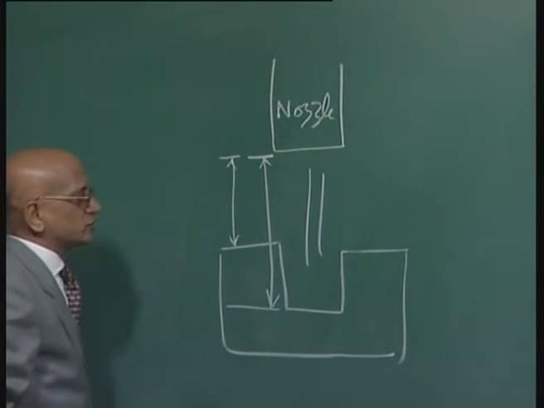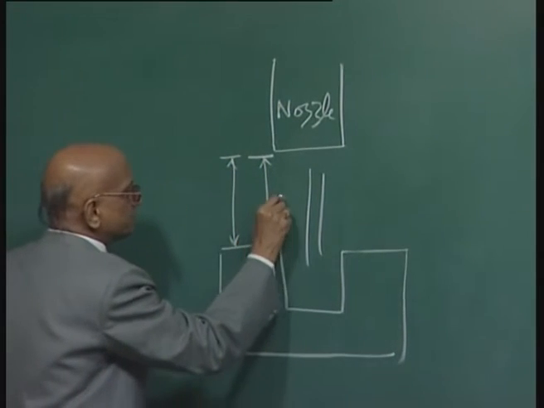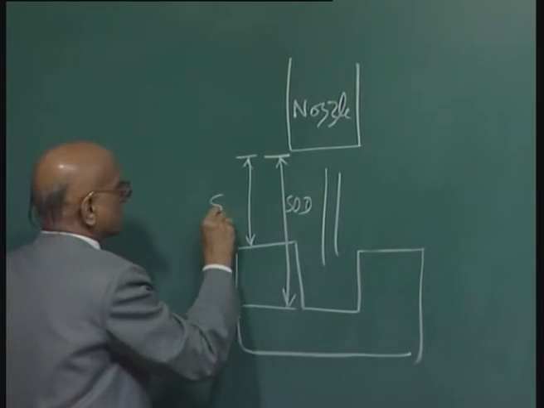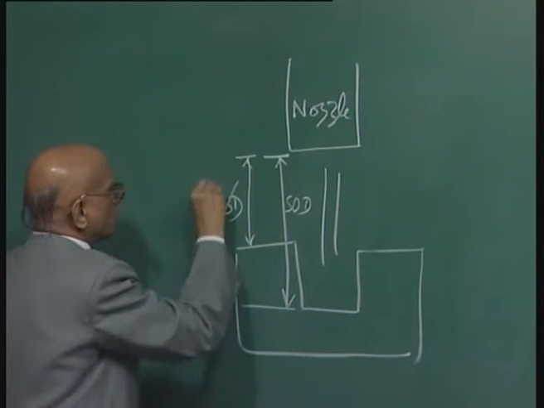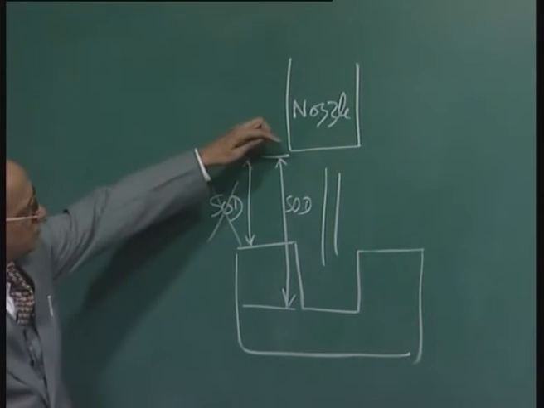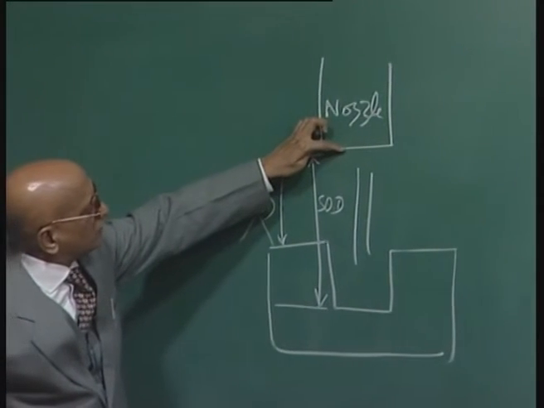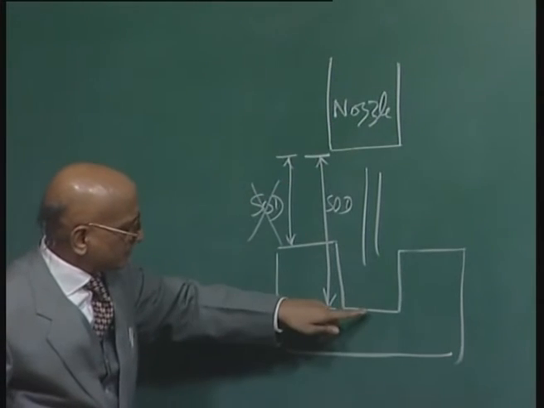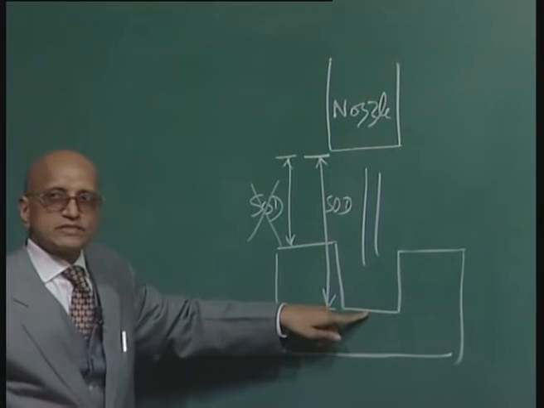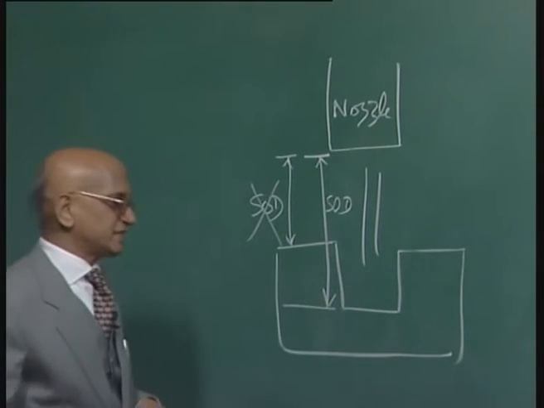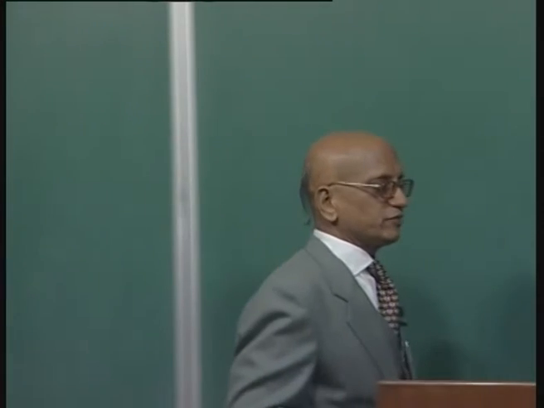So, this is the SOD, and it has to be measured from the bottom face of the nozzle to the top surface of the workpiece where it is removing the material. This point should be carefully noted.